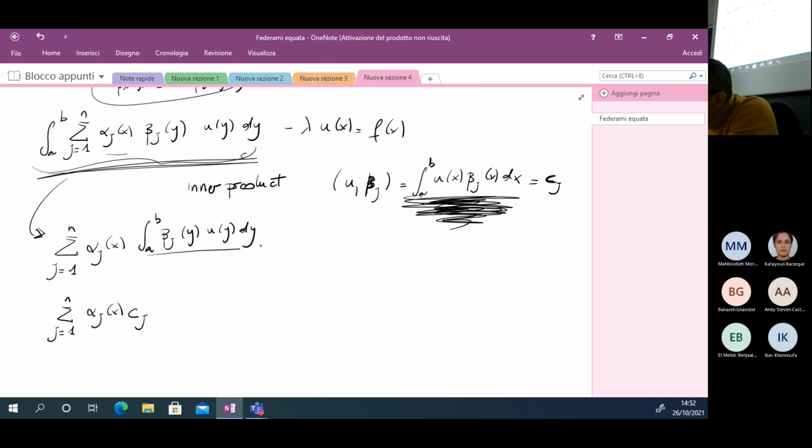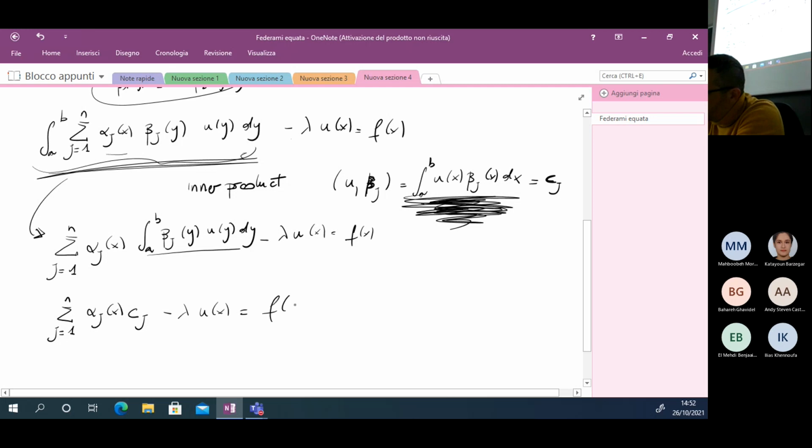So let me complete the equation. Here there is a minus lambda u of x equal to f of x missing, and there is minus lambda u of x equal to f of x also here.